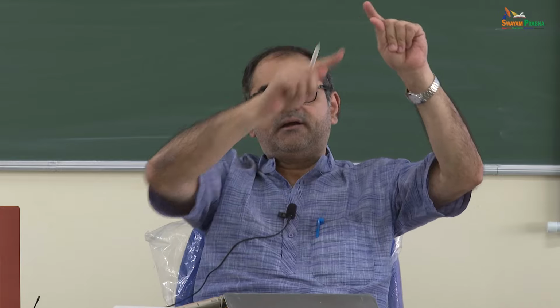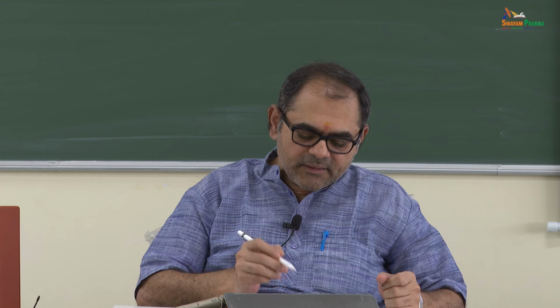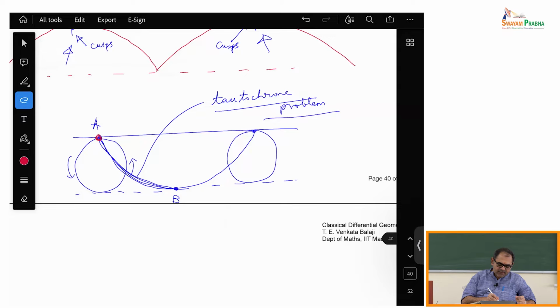so that no matter where you start on the curve, and you drop something, when the object is moving along the curve, then it will reach the bottommost point in the same amount of time. So I start with the bead here.